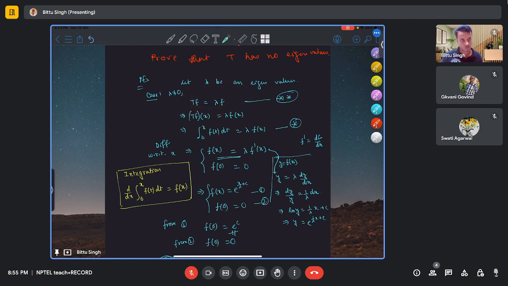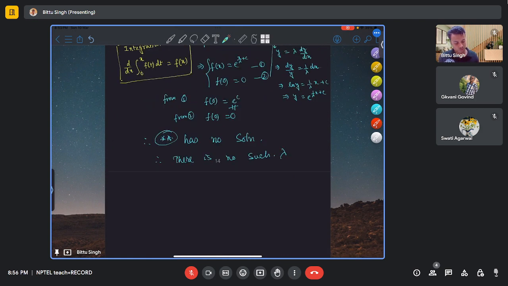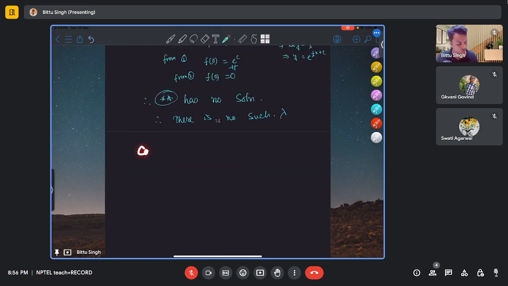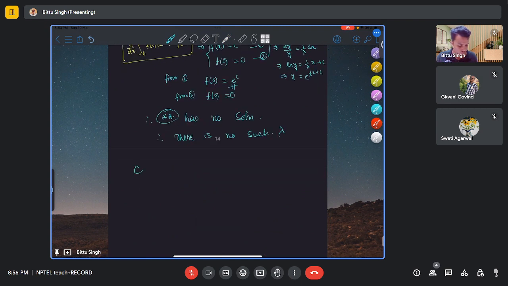Now case 2: what happens when lambda equals 0? Then Tf equals lambda f, which gives lambda f is 0. But by definition T of f(x) equals 0 of x. 0 is the continuous function that is 0 everywhere. So T of f(x) equals 0.